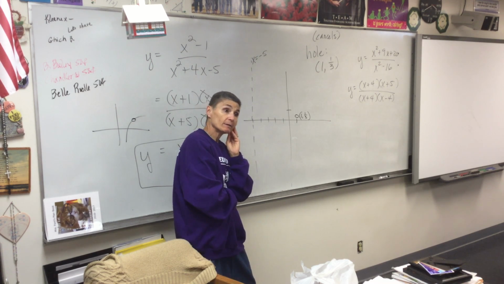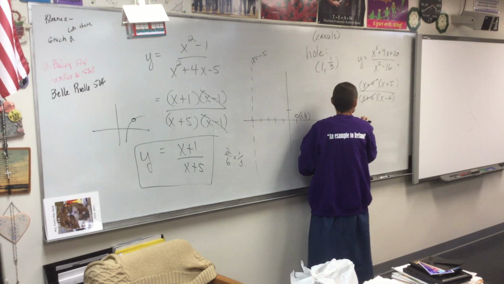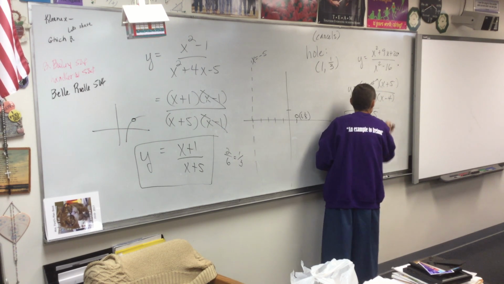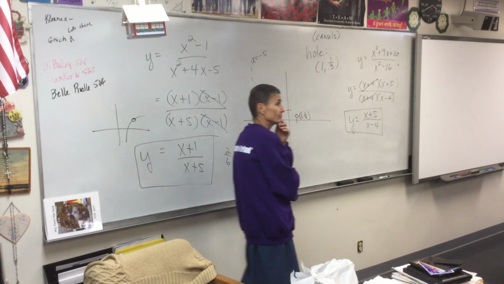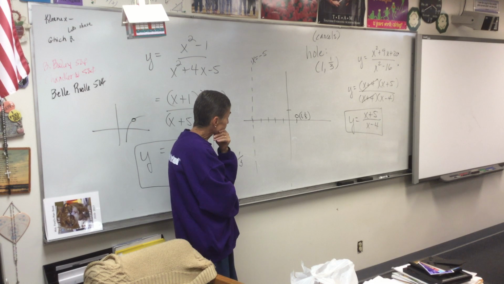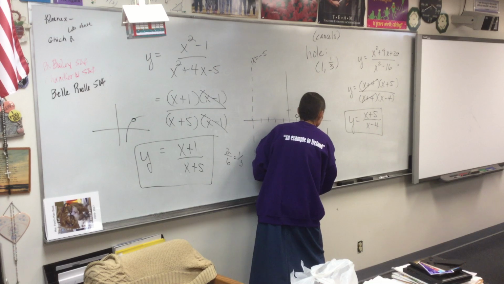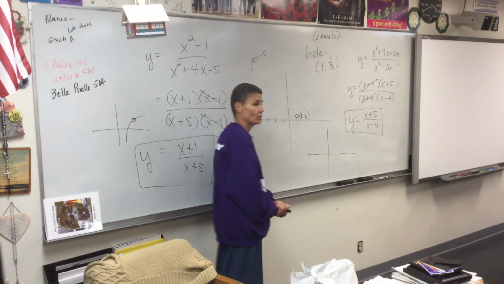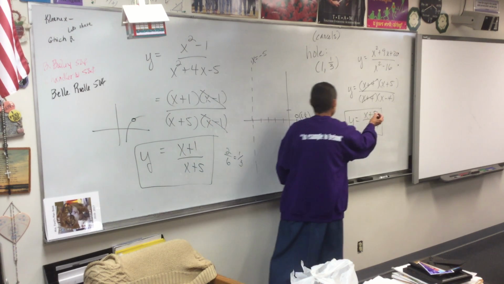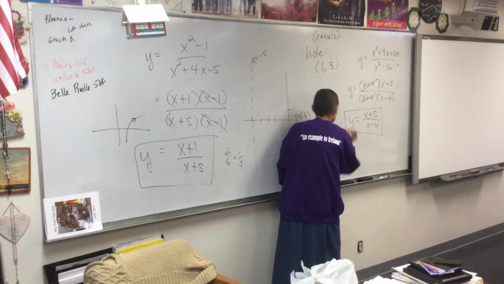Now, what do you notice about it? You can cancel. So your new problem is x plus 5 over x minus 4, right? That's your new problem. Does it have a vertical asymptote? Yeah. Where is it? 4. You cannot let x be 4 because that would give you a 0 on the bottom.